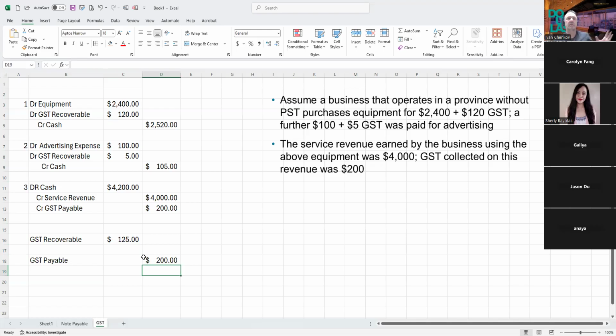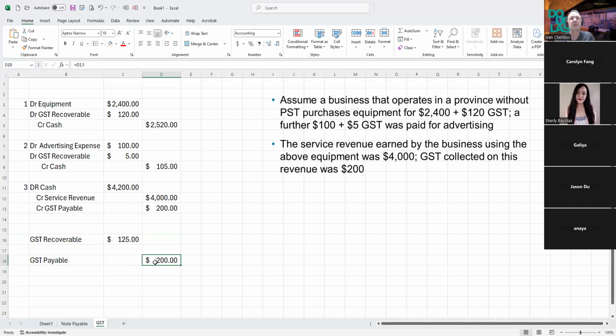So what's going to happen now? Technically, at this point, we would have to send the government, Canada Revenue, a letter saying, you know what, in those two transactions we paid $125, please give us $125 back. By the way, we did sales from which we collected 200 from the client, and this is the check for $200.